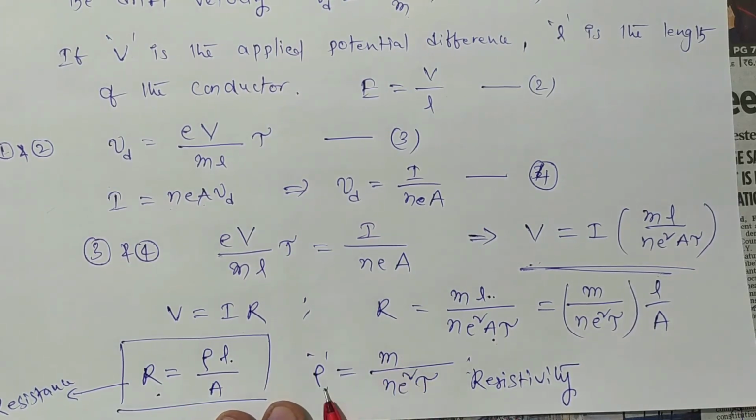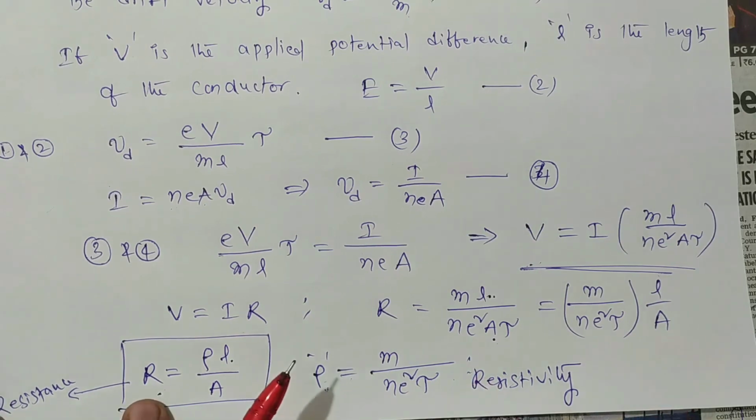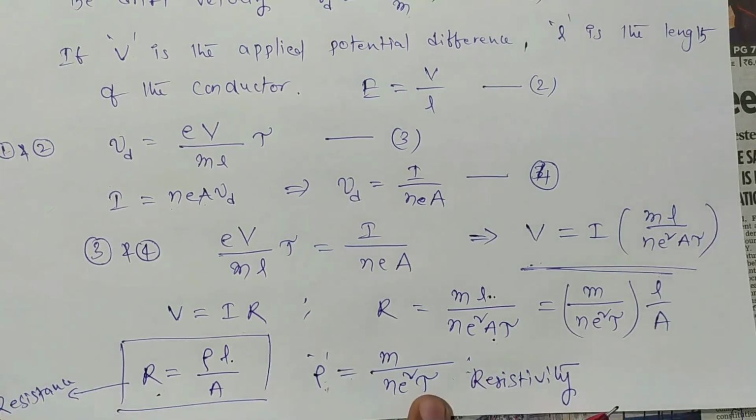Different elements like gold, silver, platinum and copper have different resistivities. But the resistance depends upon the size: what is the length of the conductor and what is the area of the conductor. This is the major difference between resistance and resistivity.